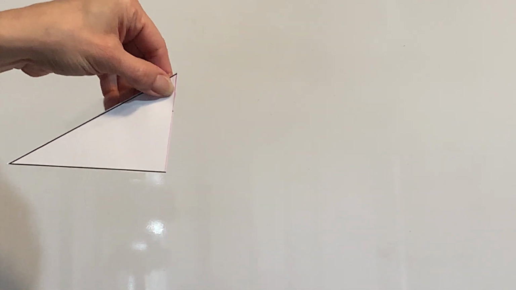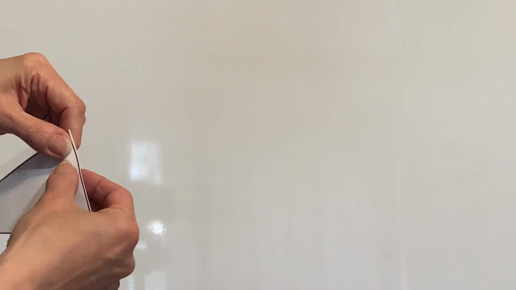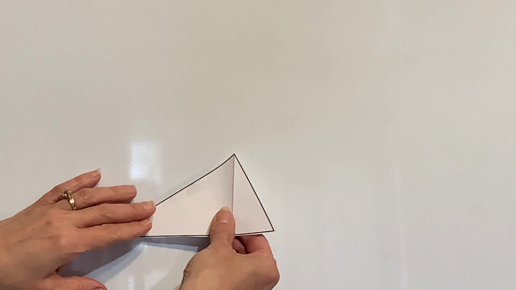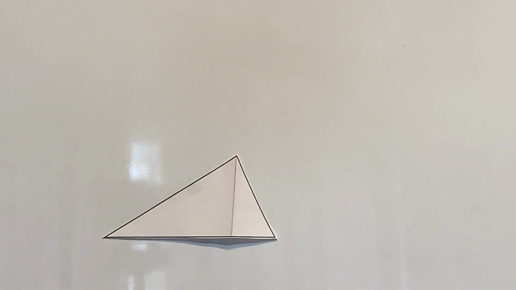I can also flip it over like this, and I can tell here is a right angle, and that it is also perpendicular to the base. So I have created the two right triangles that I need in order to find the area of this triangle.